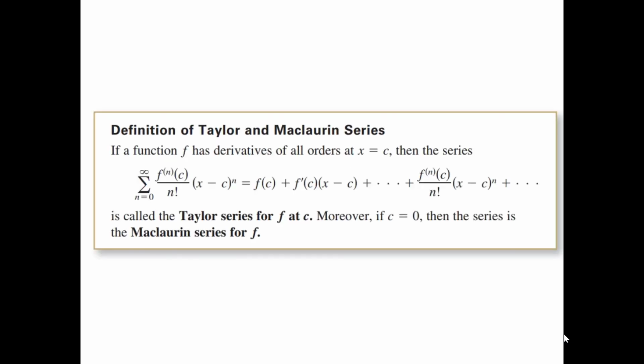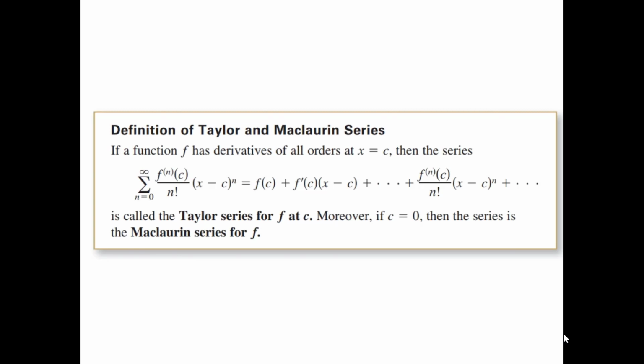And so if a function f has derivatives of all orders at x equals c, then the series whose terms are given to you by the nth derivative evaluated at c divided by n factorial times x minus c to the n, which is just f of c plus f prime of c times x minus c plus dot dot dot plus the nth derivative evaluated at c divided by n factorial times x minus c to the n.